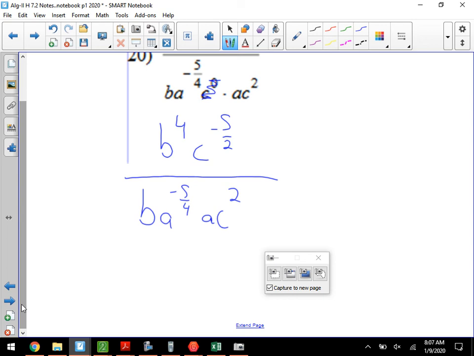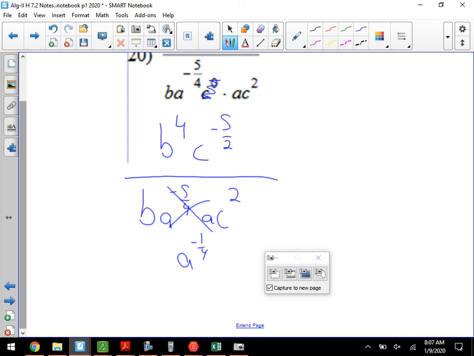All right. From here, what's negative 5/4 plus 1? Negative 1/4. All right. So all I'm doing is I'm combining these two right away, and I'm going to get a to the negative 1/4.